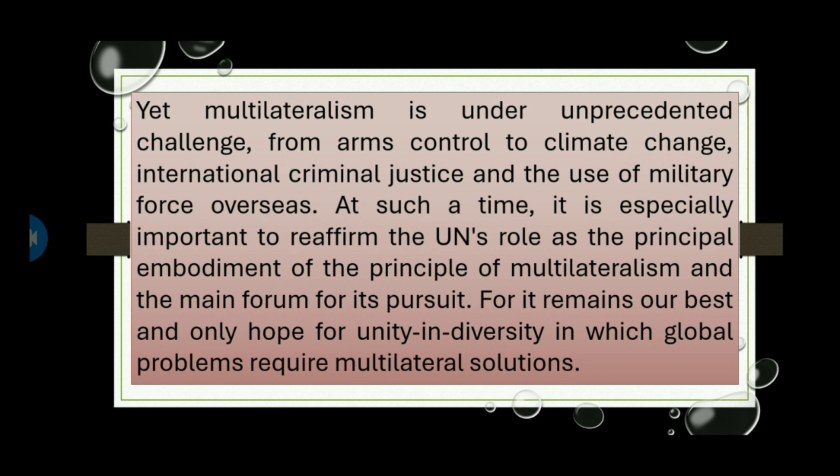At such a time, it is especially important to reaffirm the UN's role as the principal embodiment of the principle of multilateralism and the main forum for its pursuit, for it remains our best and only hope for unity in diversity, in which global problems require multilateral solutions.